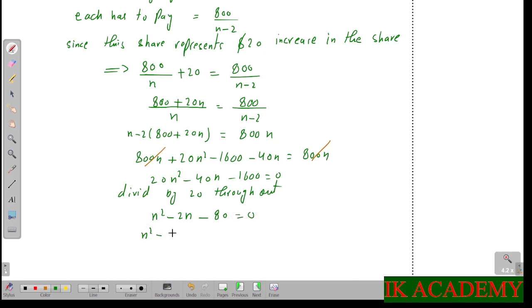So n square minus 10n plus 8n minus 80 is equal to 0.